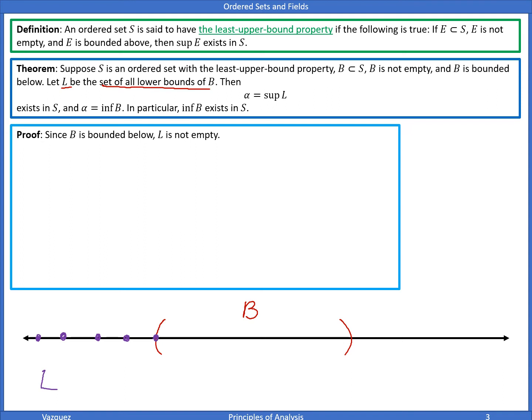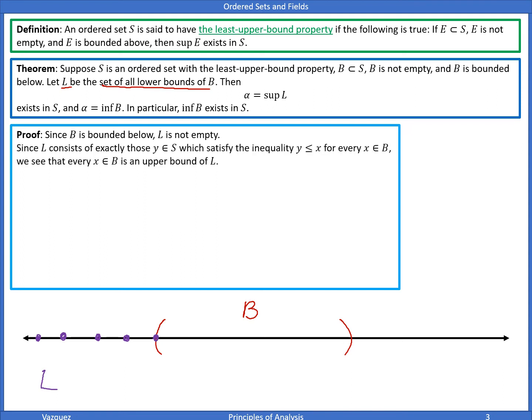Okay. So next, since L consists of exactly those y in S which satisfy the inequality y is less than x, all these points y are less than points x for all x in B. We see that all of these points in B, I'm just going to put a bunch of points, are upper bounds of this set of lower bounds over here.